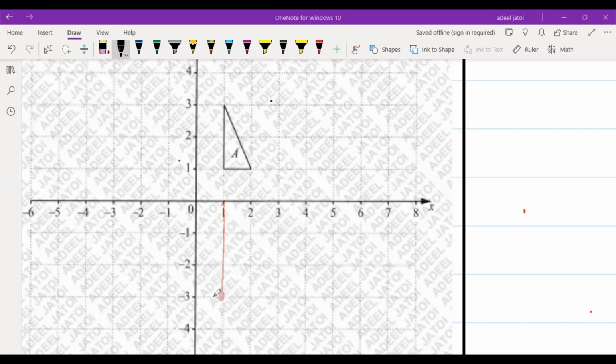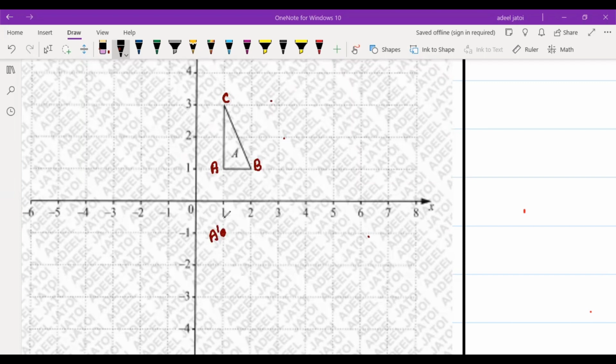So let's mark this point as A, this as B, and this as C. The distance of A is 1, so the distance of A dash will be in the opposite direction with the same distance, 1 as well.